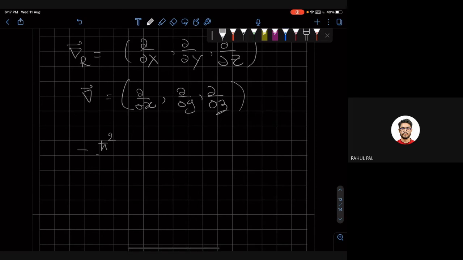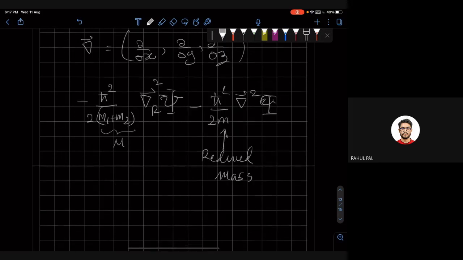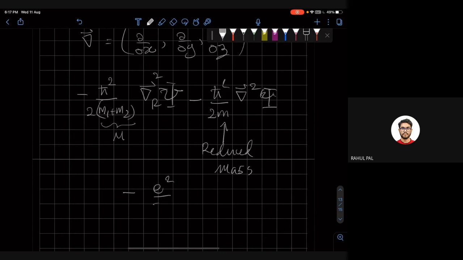We have a term which is minus h squared divided by 2 times (m1 plus m2), this is the total mass, say big M, del squared with respect to big R, minus h squared by 2m, this is the reduced mass, and then small del squared psi, and then minus e squared by r psi equals E psi.